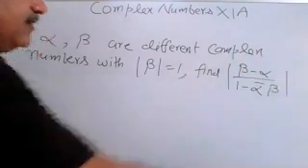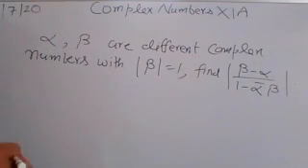That value is required, and here alpha and beta are different complex numbers.